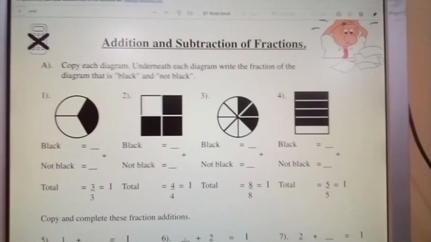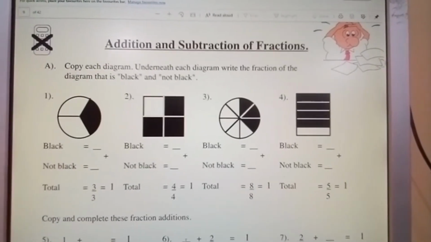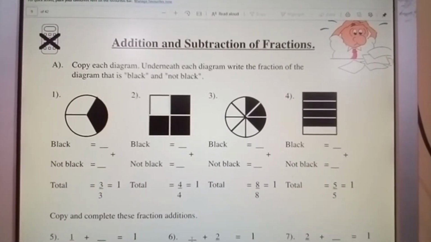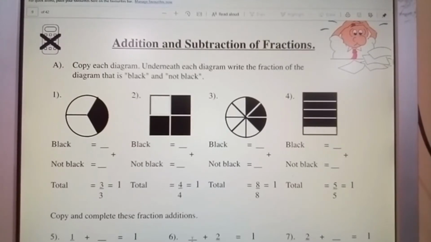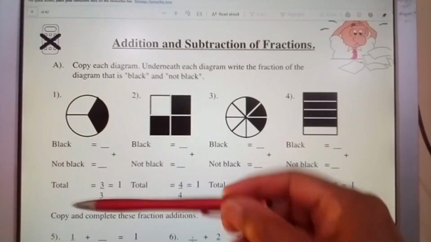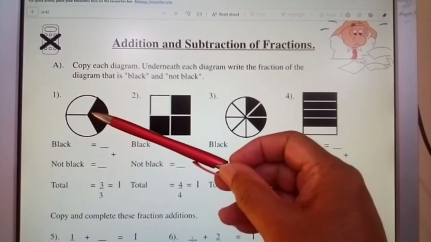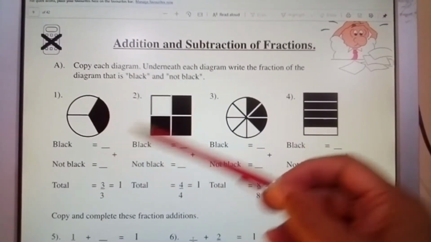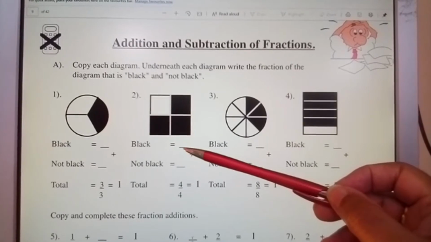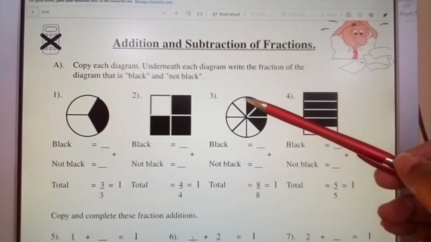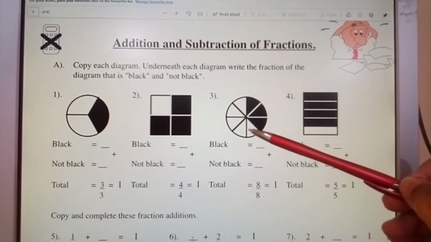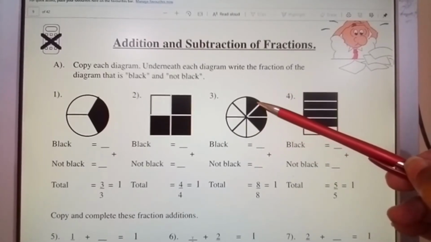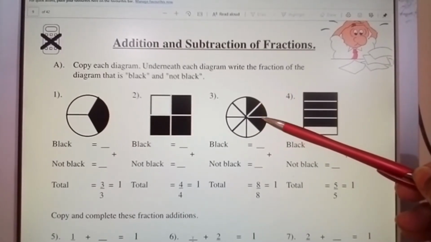Here we have adding and subtraction of fractions, and here, okay? So here you can see that the fraction that's black here is 1/3, okay? The fraction that's black here is 1/4. The fraction that's black here is 1, 2, 3, 4, 5, 6, 7, 8, so 3/8.